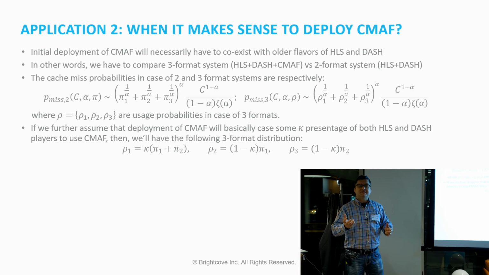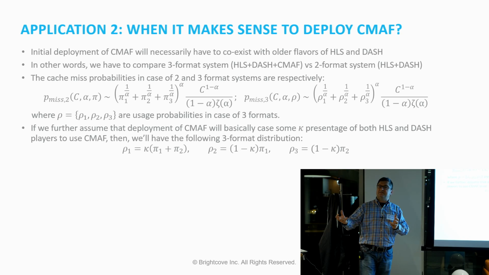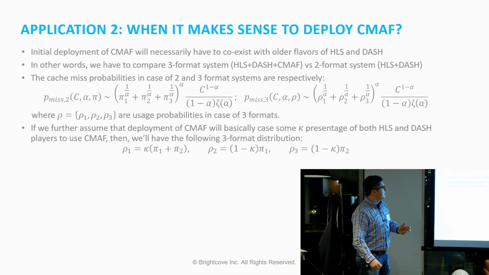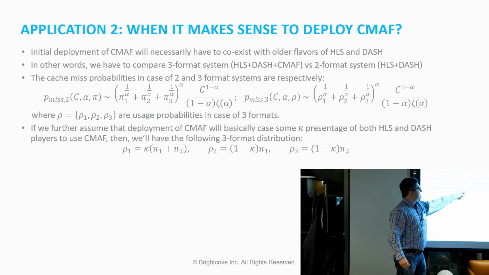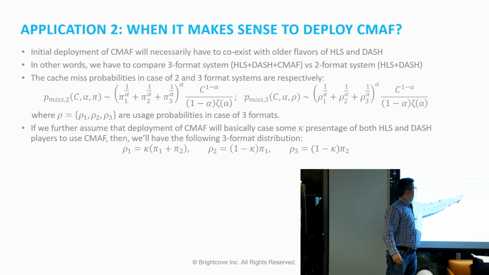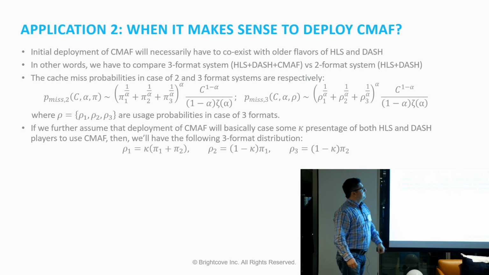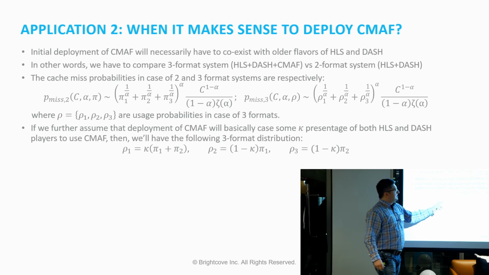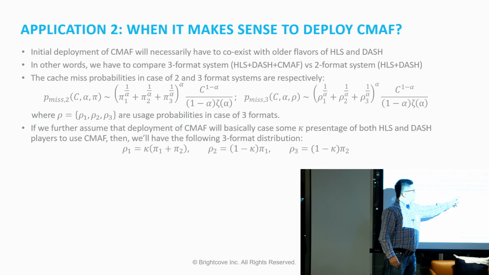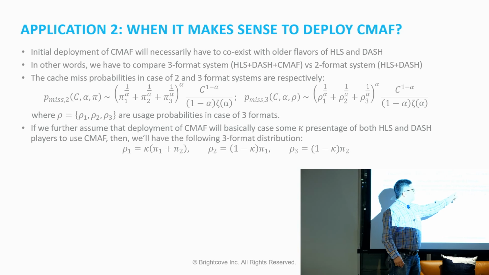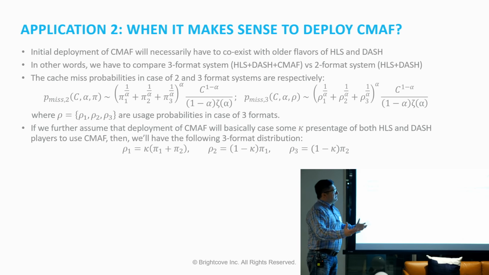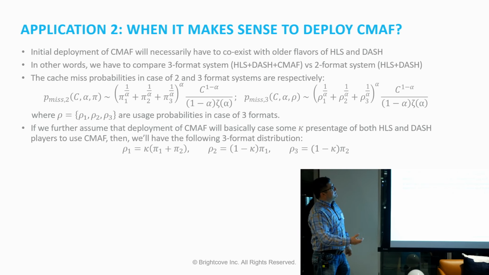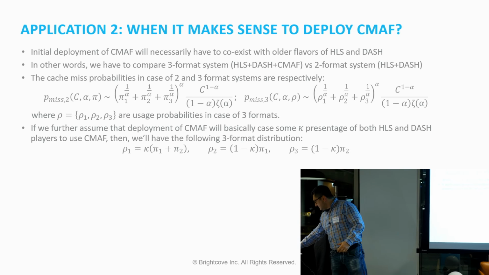So kappa is basically the percentage of existing devices that will be able to take CMAF. Then the probability of CMAF will be kappa times (pi1 plus pi2). The residual probability of devices that support, for example, only HLS is going to be (1 minus kappa) times pi1, and the residual number of devices supporting DASH will be (1 minus kappa) times pi2. So that's how it works.